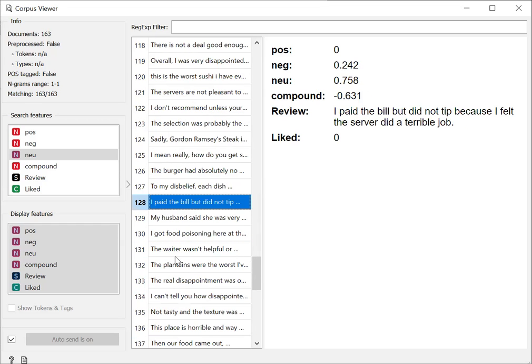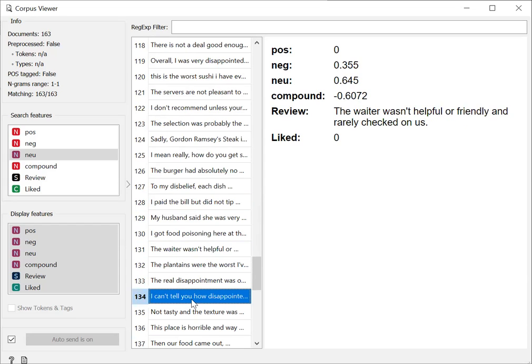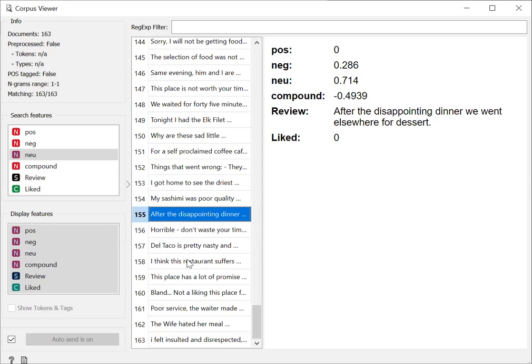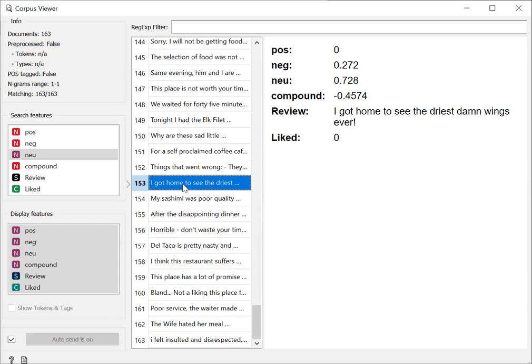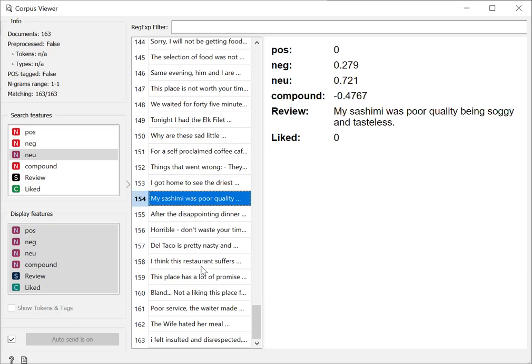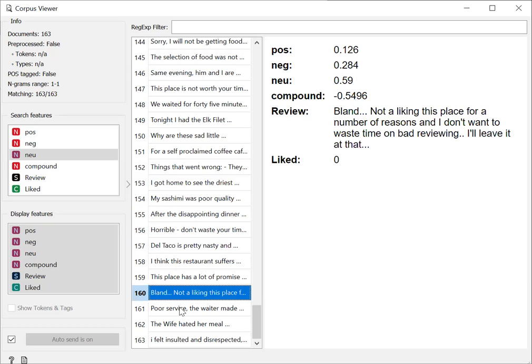So I can guess the accuracy is more than 80%. I can guess so because so far all of the comments I chose here are negative.